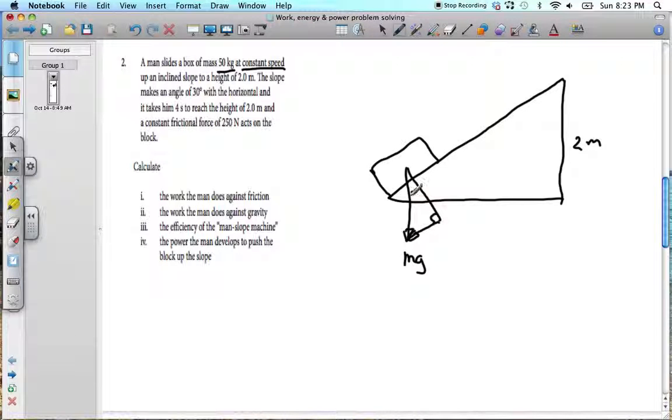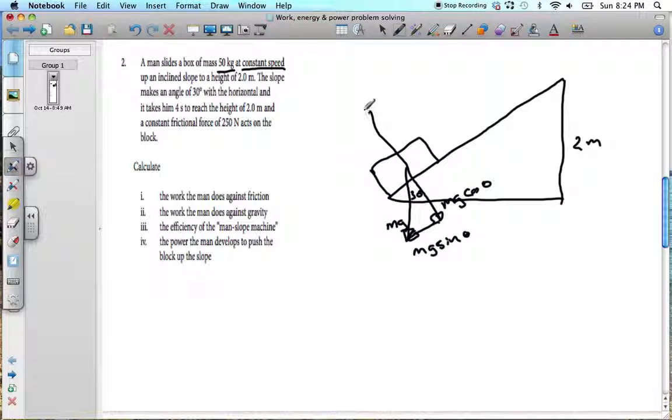This angle over here will be 30 degrees. Let me just redo this here. I'll put in mg over here. This force down here is actually going to be mg sine of theta, and this force over here, which is mg cos of theta, is being balanced out by the reaction force.